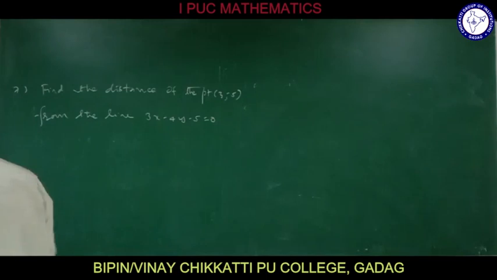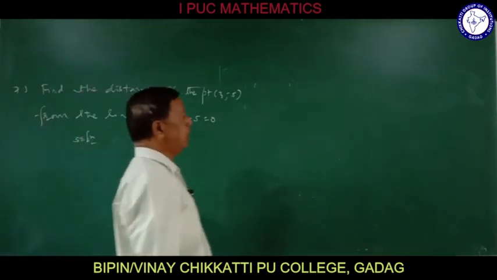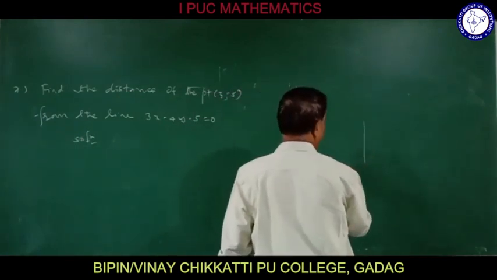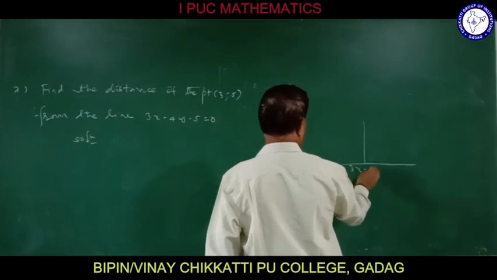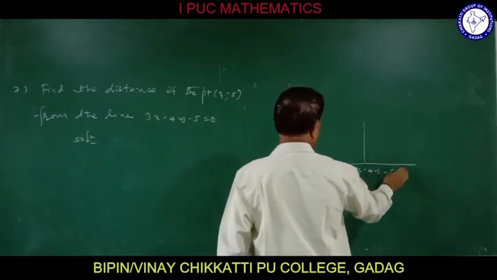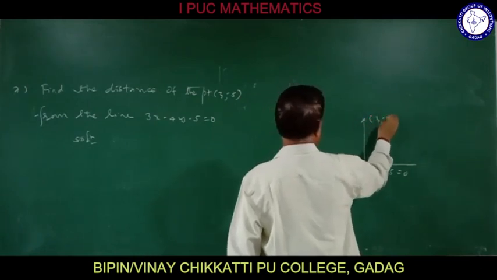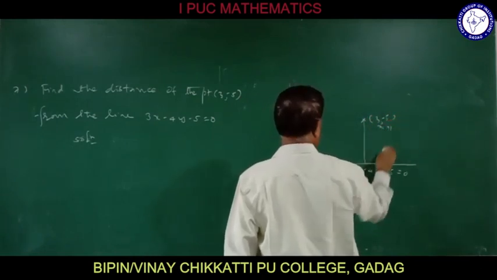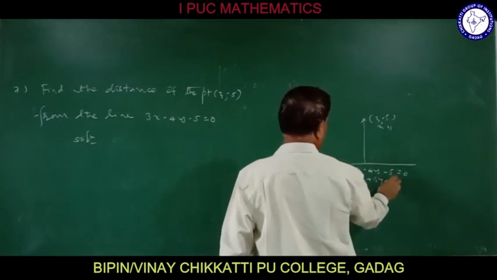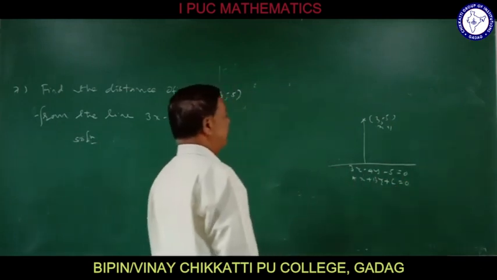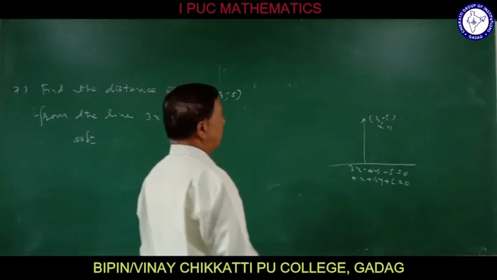I have to tell that first. The line is 3x - 4y - 5 = 0, and the point is (3, -5), so this is x1, y1. The line is ax + by + c = 0, and we have to find the distance d of the point from it.